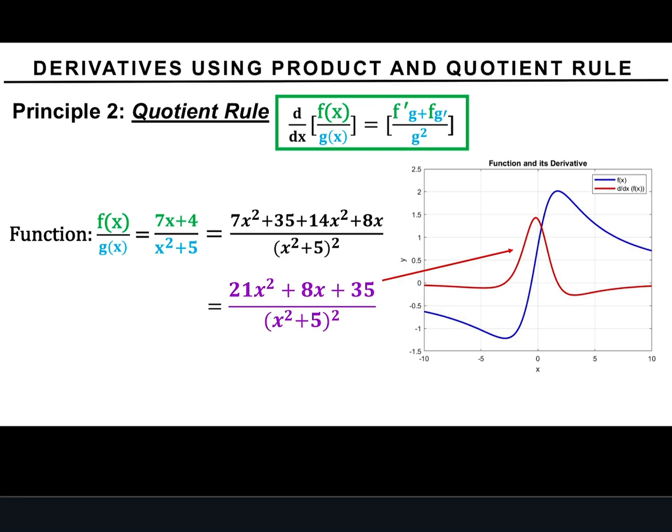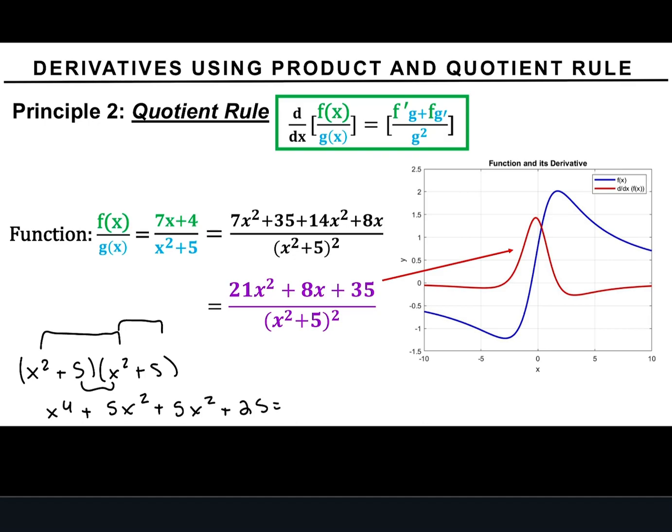And if you want to evaluate the bottom, we can do that real quick. So then on the bottom we'll have x to the fourth plus 10x squared plus 25. These two are equal and they're the same answer. However, some of your teachers may require you to simplify further.